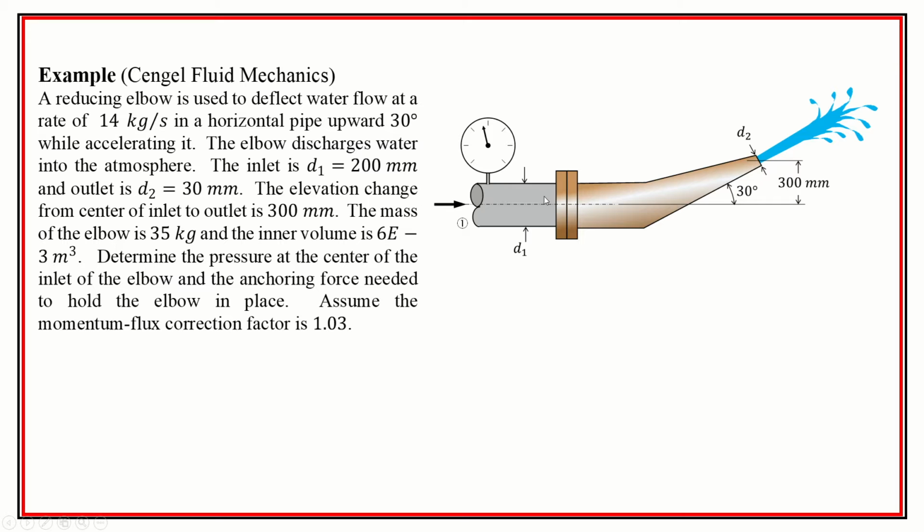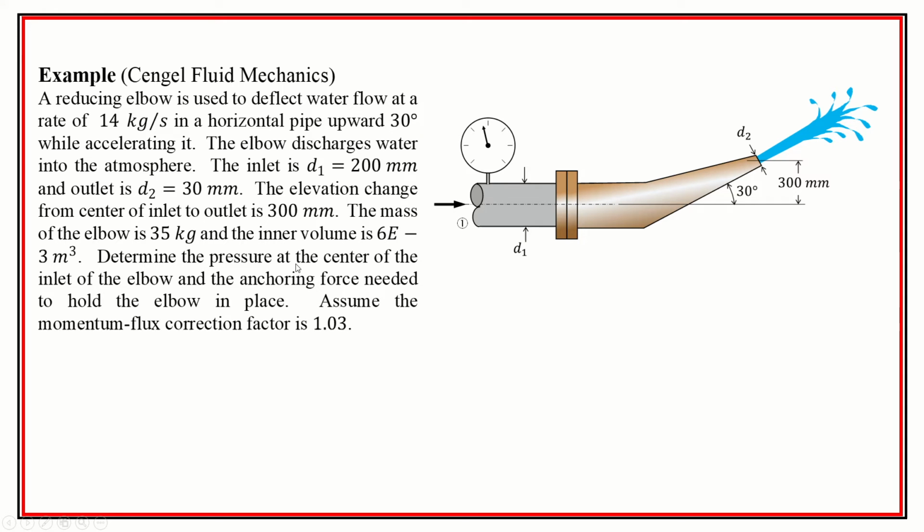So the inlet is 200 millimeters, and the outlet is 30 millimeters diameter, and the elevation change is about 300 millimeters right here. The mass of the elbow is 35 kilograms, and the inner volume of this is 6 e to the minus 3, right? So 6/1000ths of a cubic meter.